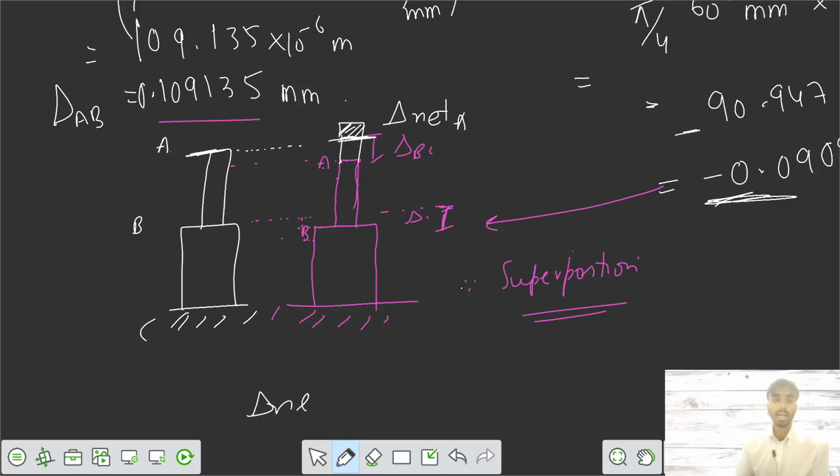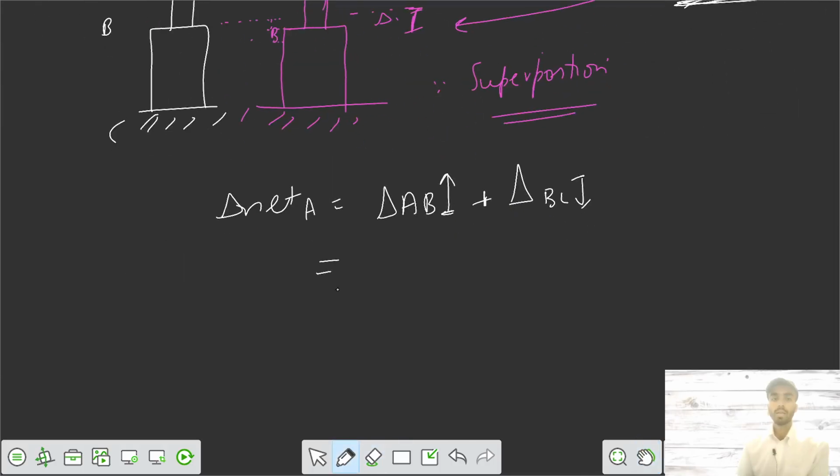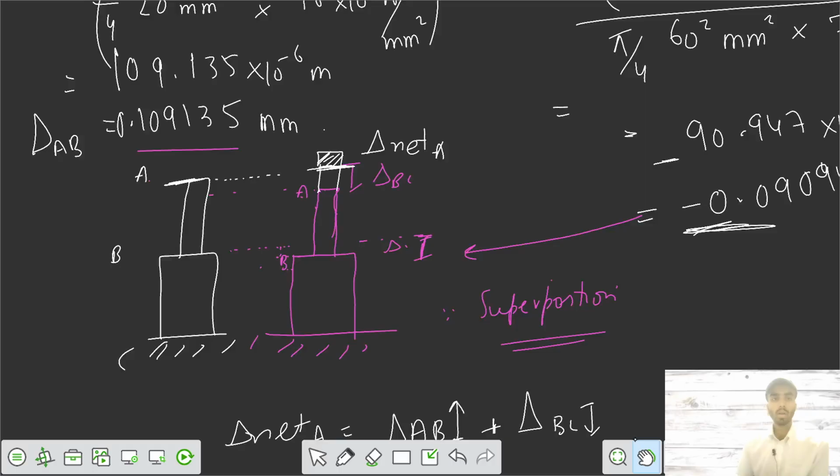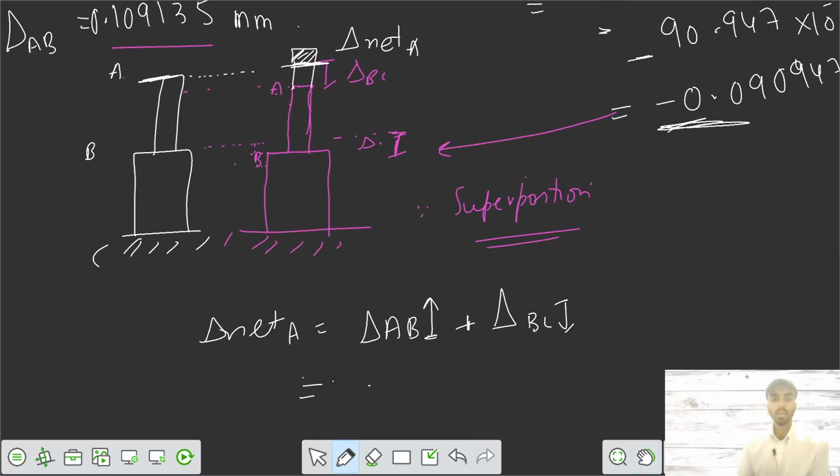I would say delta net at A equals delta AB upwards. Delta AB would be tensile upwards, and delta BC is downwards. So the net displacement of point A is 0.109135 mm plus minus 0.0990947 mm.